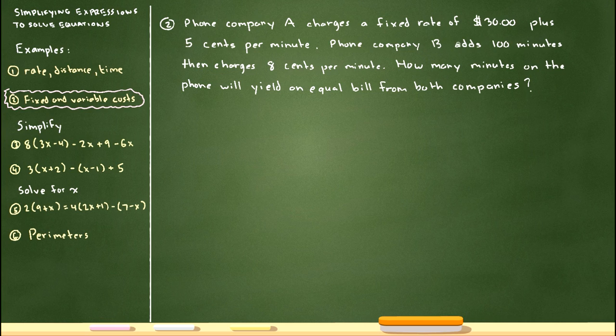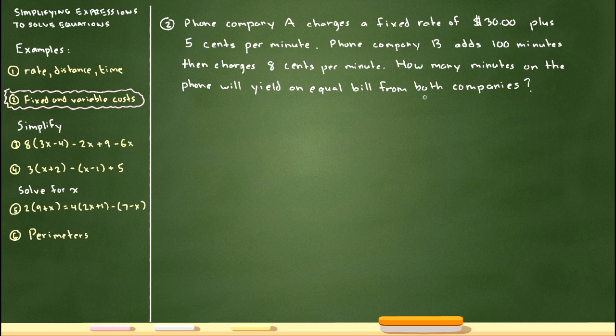They're just going to charge you for 100 minutes, and then on top of that, they're going to charge an additional 8 cents per minute. So they're just adding 100 minutes to your contract automatically. That's essentially their fixed rate. And the question is, how many minutes on the phone will yield an equal bill from both companies?